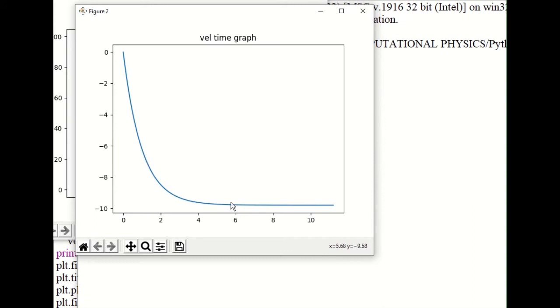And at some point, what happens now? It attains a steady velocity. Thereafter, the velocity remains the same throughout. Now, can you guess what happened? There are two different forces. One is the opposing force, that is the buoyant force, and the other one is the gravitational force. The resistive force increases with speed.